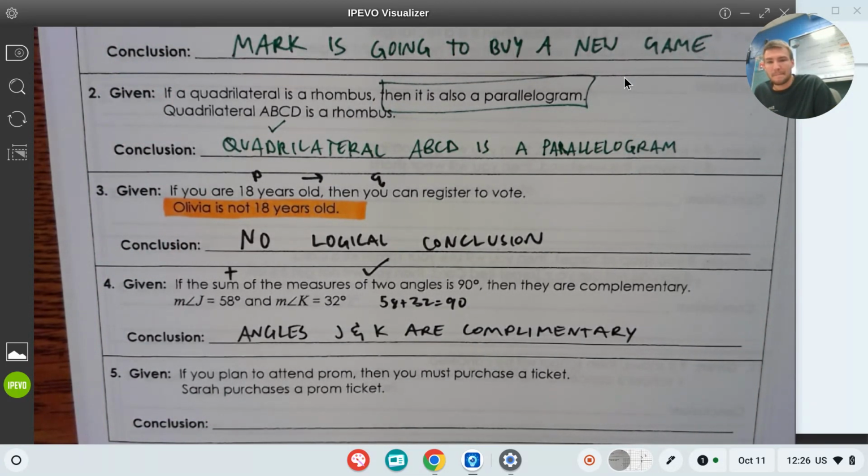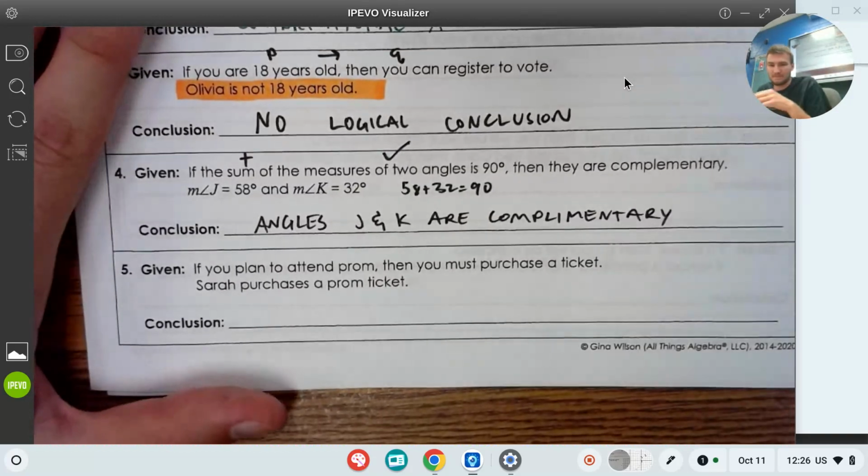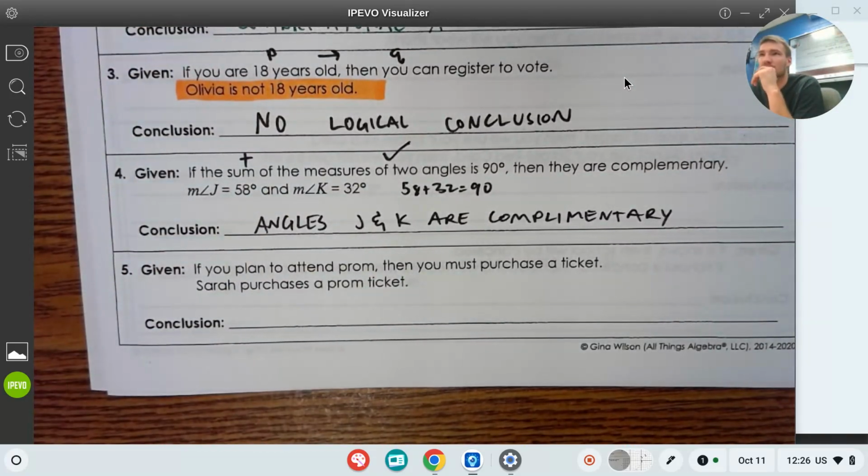All right, there's one question left on this front. It says, if you plan to attend prom, then you must purchase a ticket. What do you think's going on with number 5? What do you say?